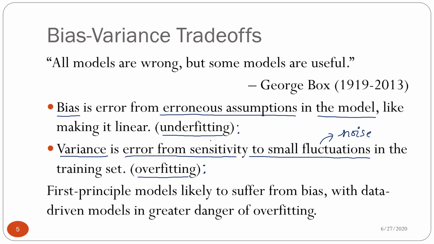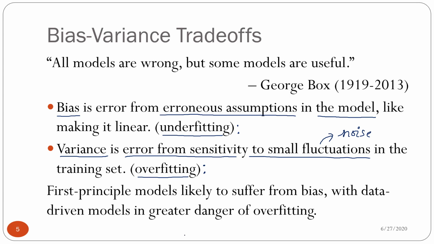We want a model that is doing well in terms of bias as well as variance. We should not make any erroneous assumption, because if we do that, we'll have the error because of bias. And if we overtrain our model, then you'll have the error because of the variance.